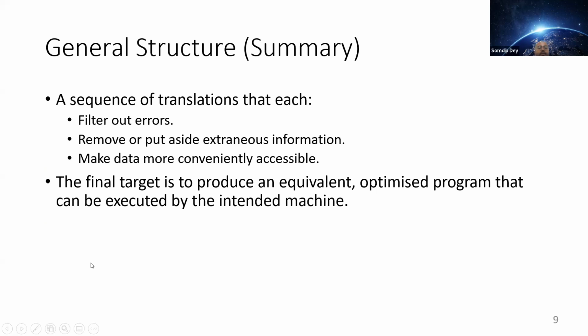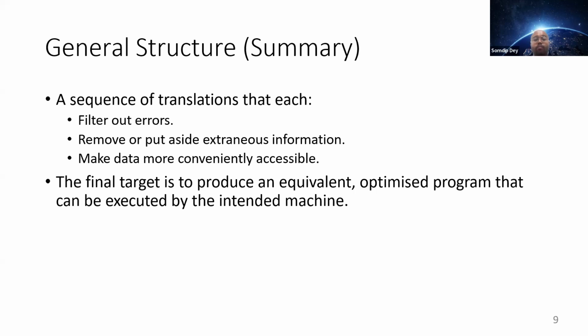Now, again, the general structure of the compiler is more or less a sequence of translations that happen throughout the different phases of the compiler, such that it can filter out errors.